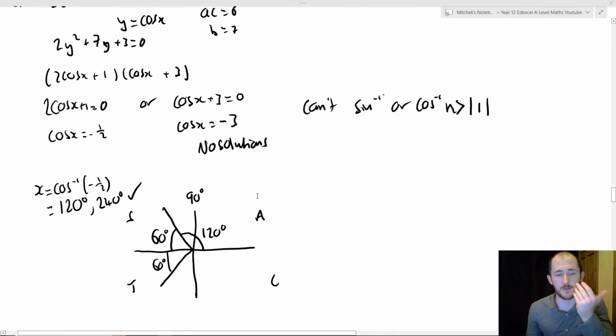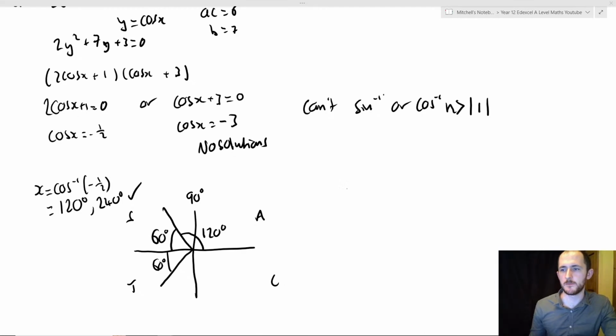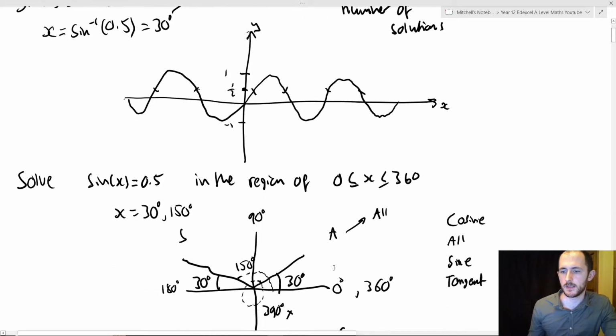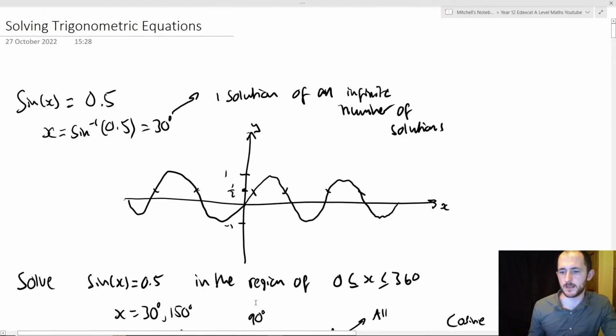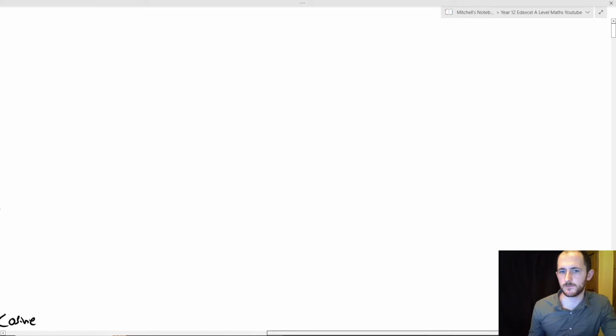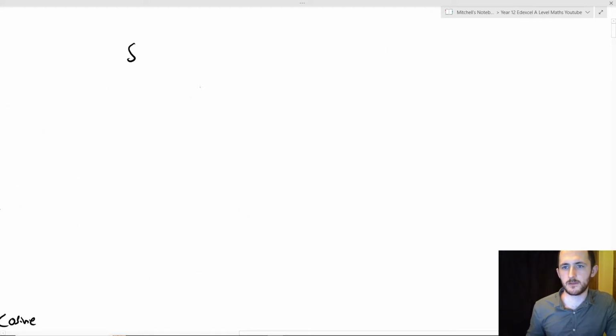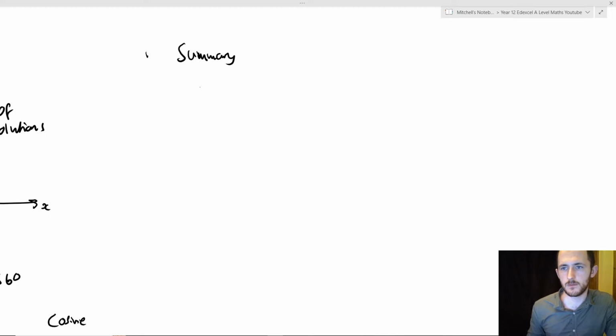In terms of the class diagram, that's basically as difficult as it gets. The key things to remember, just to go over, so if we do a little summary now: negative angles are clockwise.